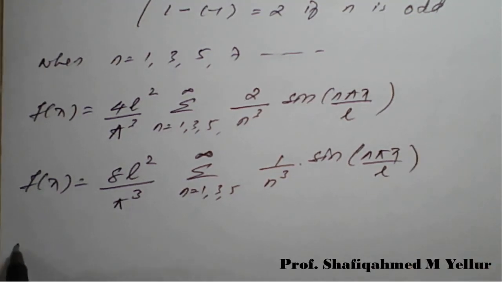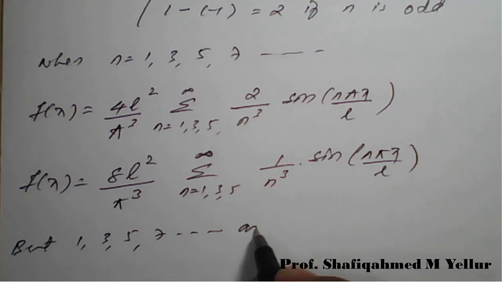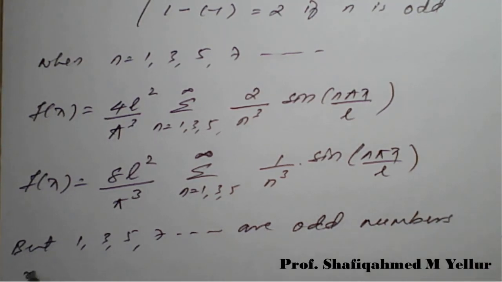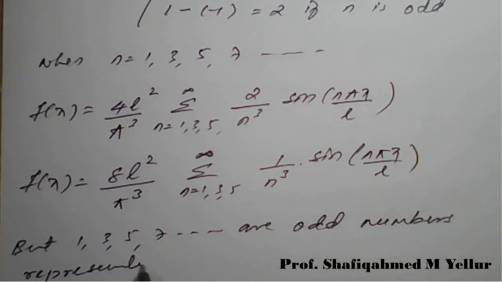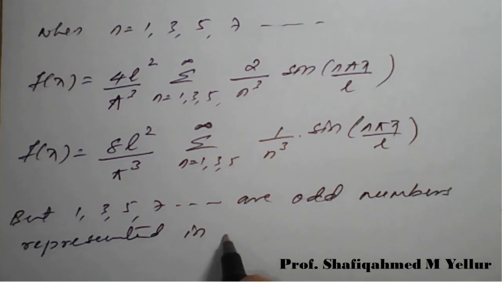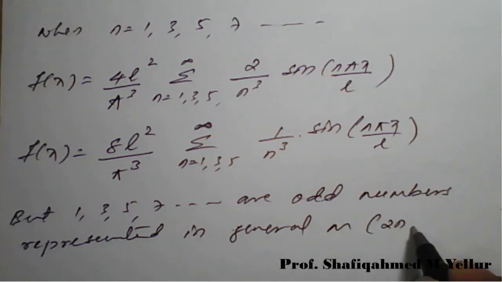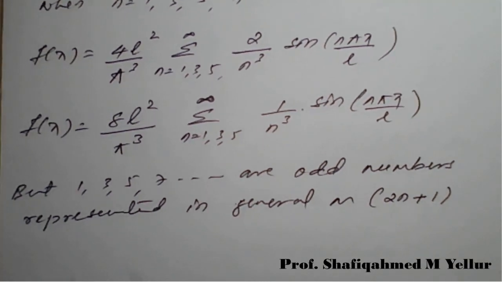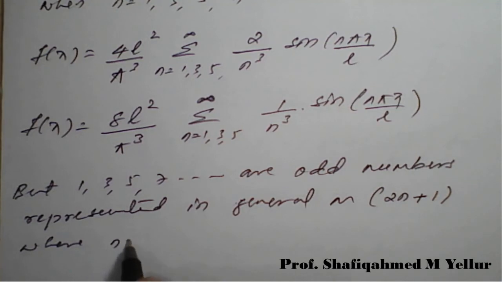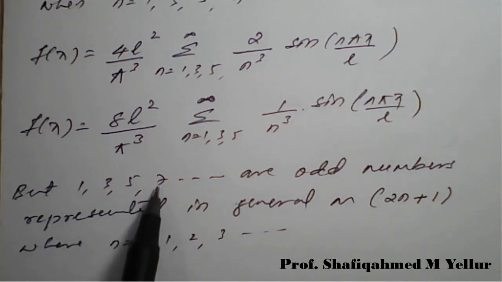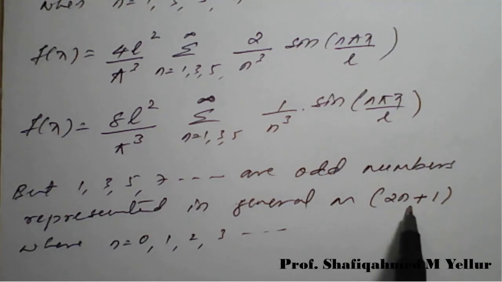But here we are considering n values as 1, 3, 5, 7 and so on, which are odd numbers, and in general odd numbers are represented as 2n plus 1, where n is 0, 1, 2, 3 and so on.